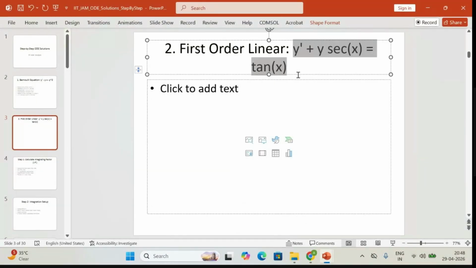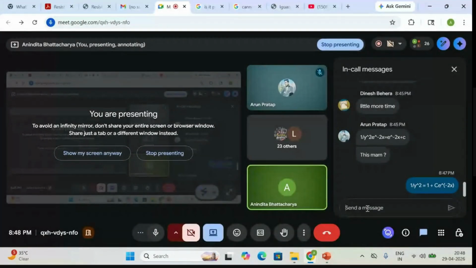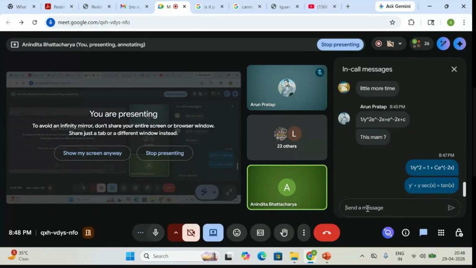This is the equation we are trying to solve next: y prime plus y sec x equals tan x. Let's try and solve this equation.